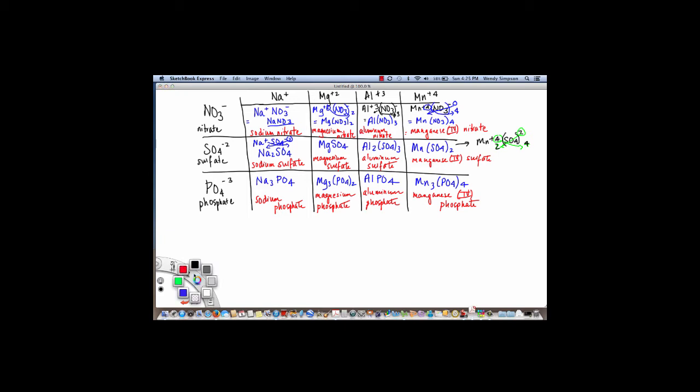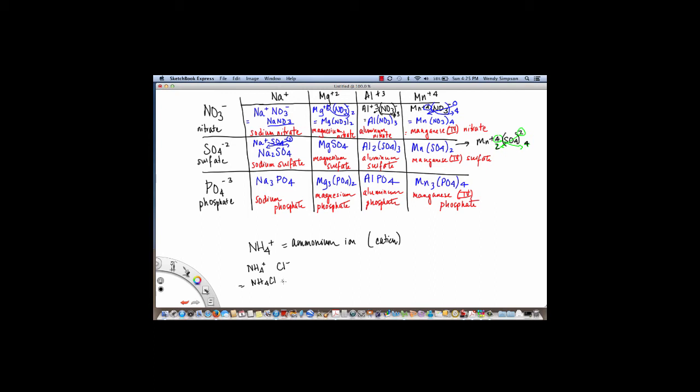There is one polyatomic ion that acts as a cation, and this is what we call the ammonium ion. It is a cation. So we can combine the ammonium ion with any regular monatomic anion, such as chloride, and the charges on this would balance, and we end up with NH4Cl.